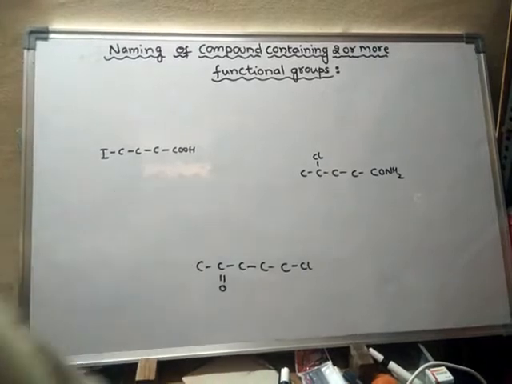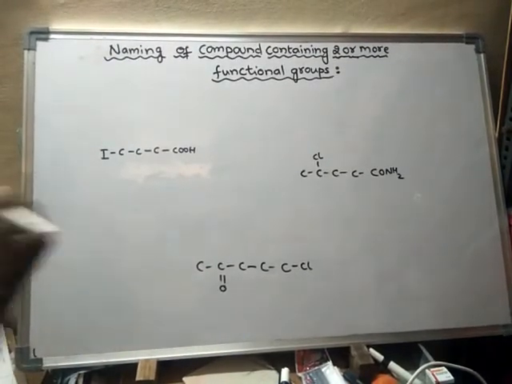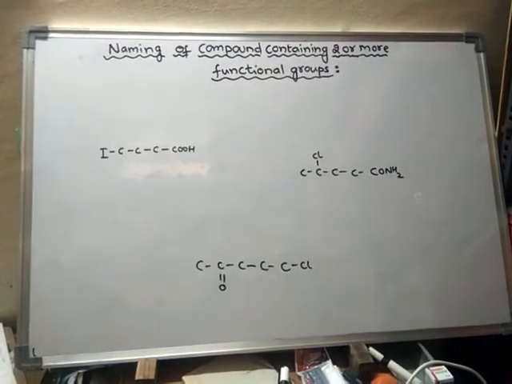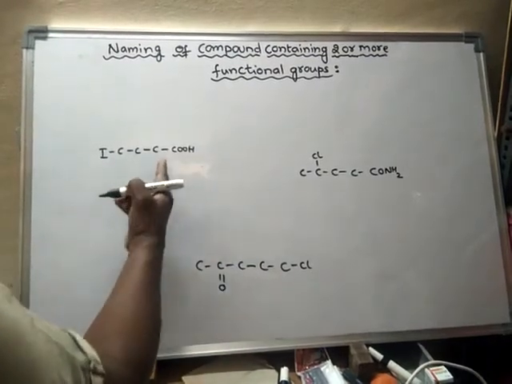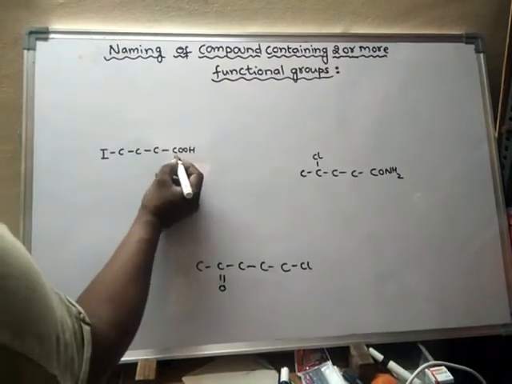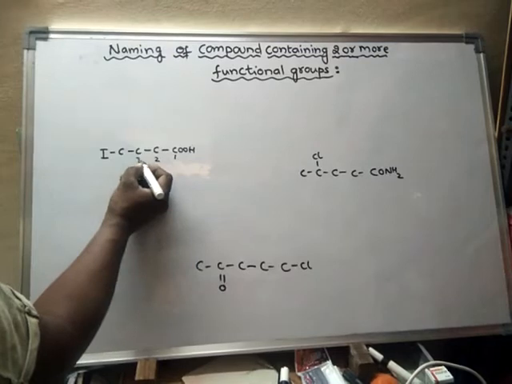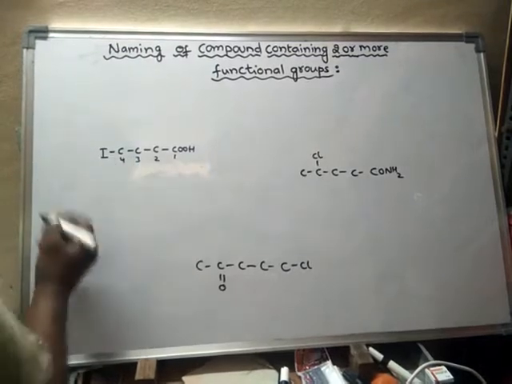So what is the name of this compound? How to give numbering? We already learned that the carbon of the chain terminating group will always get number 1. So this carbon gets 2, 3 and 4. So the name of the compound will be like this. On the 4th carbon, iodine is present.